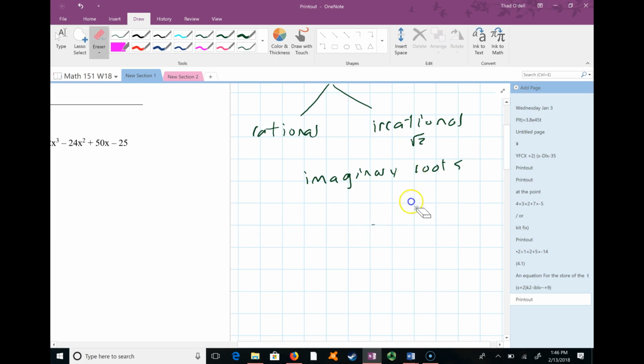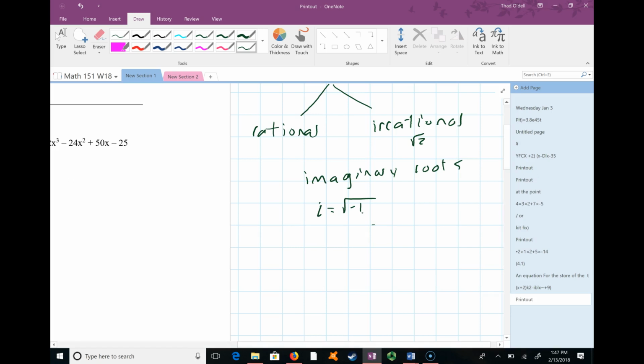So imaginary roots are imaginary numbers. Imaginary numbers are based on the concept that i is considered the square root of -1. So up to this point, we've been talking about not being able to take the square root of a negative number, and that's still true. You cannot take the square root of a negative number and produce a real number. That's why we don't consider this.